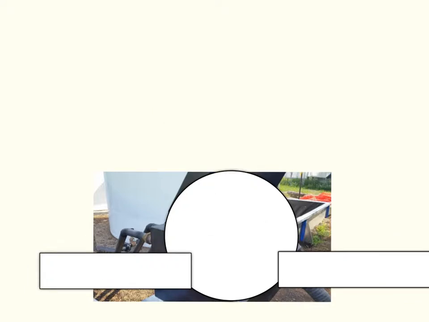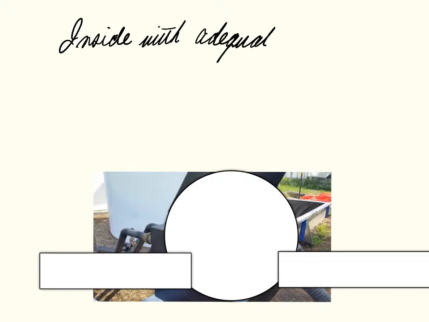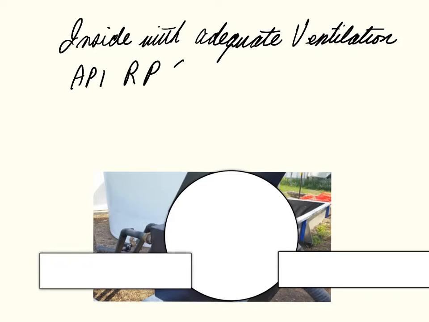So now we're going to take a look at what happens when we're inside with adequate ventilation. Now I just want to touch on that for a second, because adequate ventilation is defined by the Canadian Electrical Code by referencing a document called API RP 505.